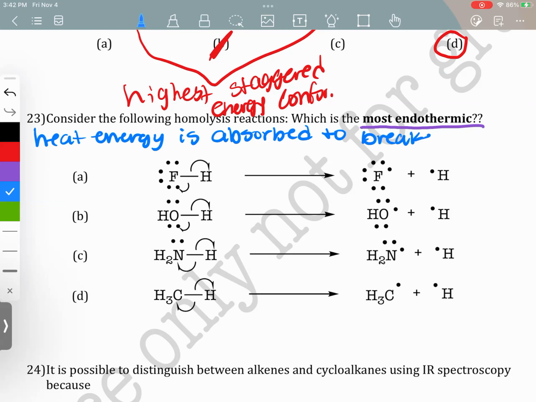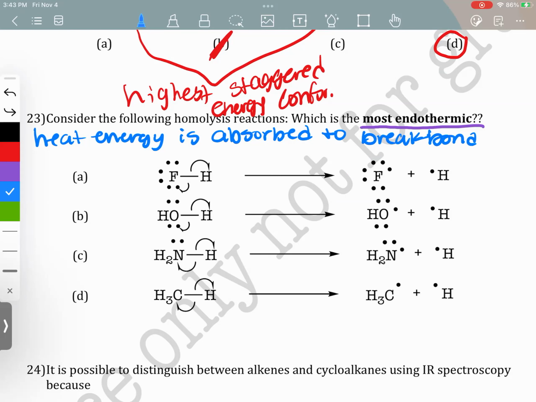In an endothermic reaction, the heat energy is being absorbed to break bonds. That's what's happening, because in the products we see the fluorine and the hydrogen, and we don't see a bond between them anymore. They're broken.